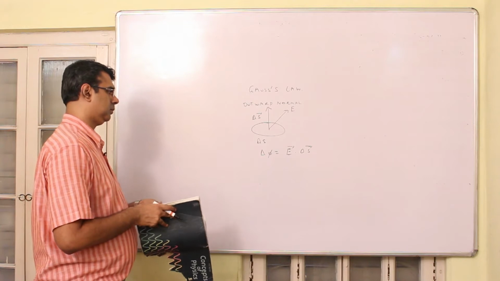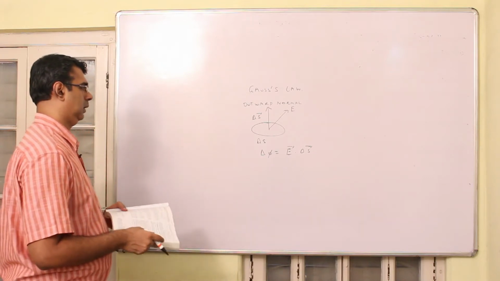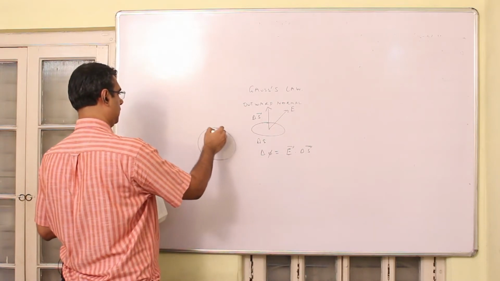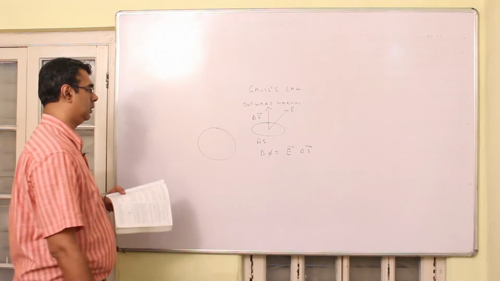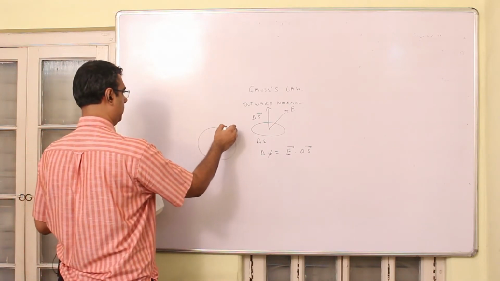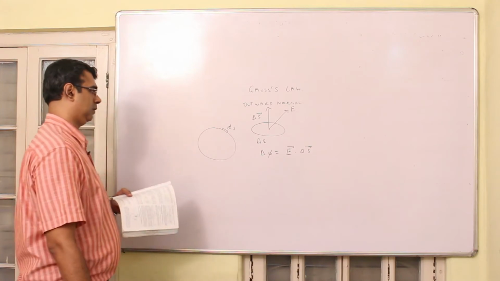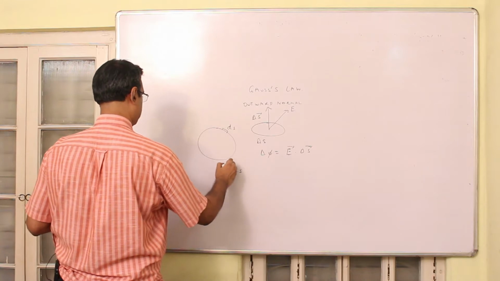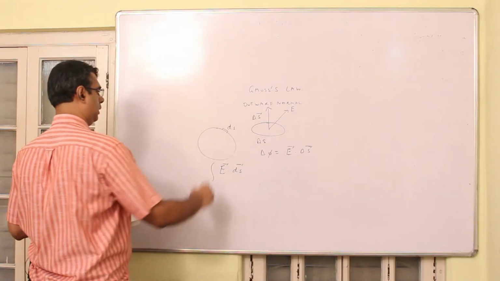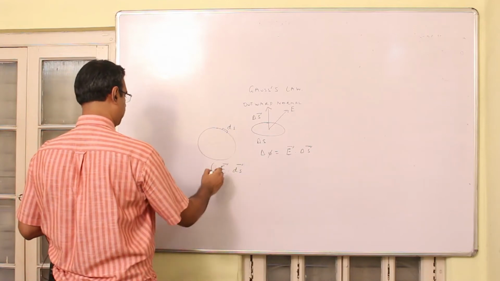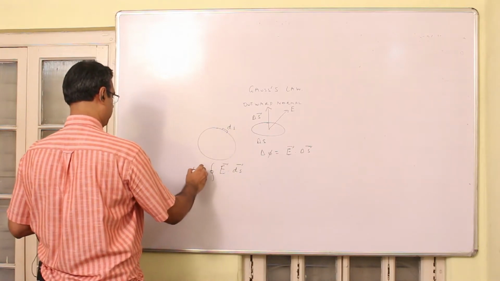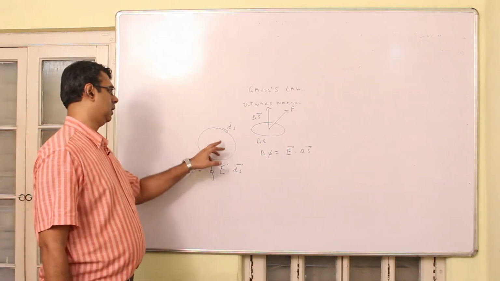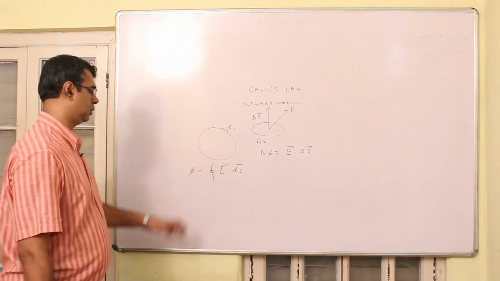Now, consider a closed surface, a surface which is completely closed, like a sphere or a closed cylinder. If you take an element of area on the surface and find the flux of the electric field through this element of area dS, and if you integrate it for the entire surface, that gives you the total flux of the electric field through this surface.